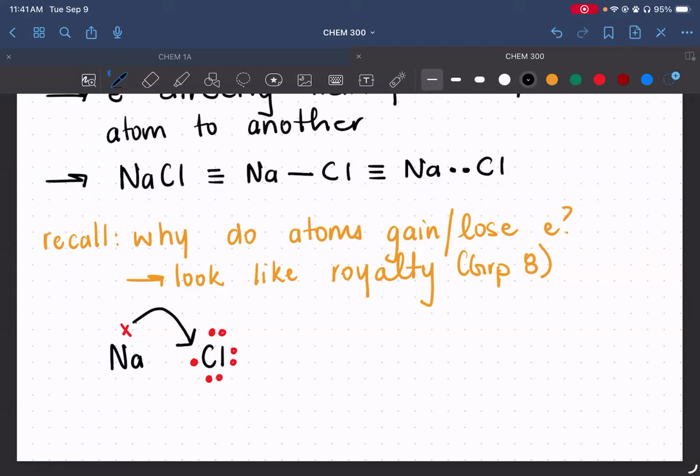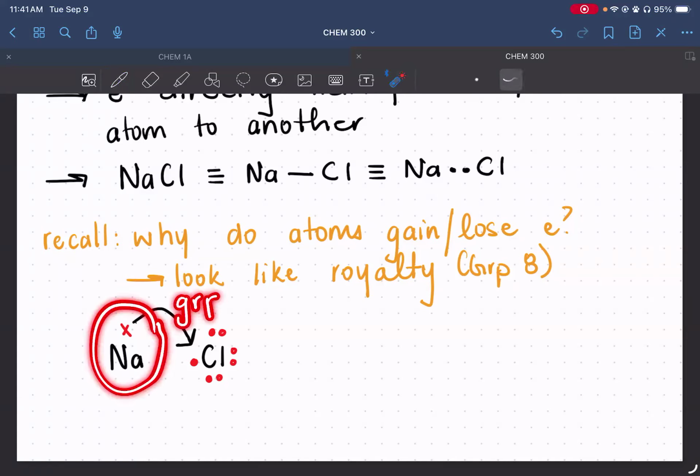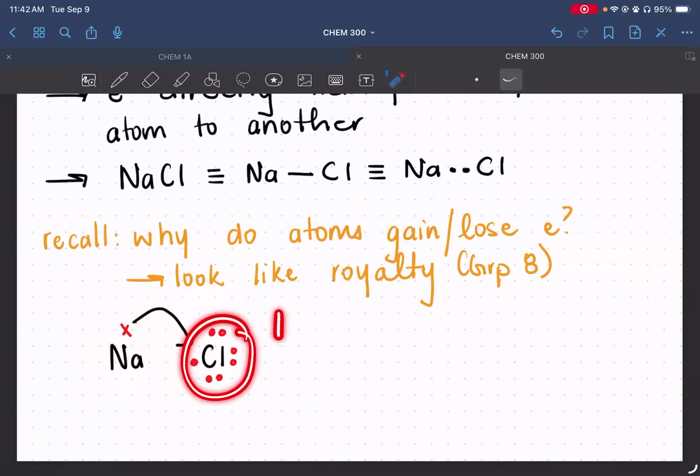Electrons are directly transferred from one atom to another. I'll say it once again. Sodium is in group 1, so it has 1 valence electron. Chlorine is in group 17, so it has 7 valence electrons. Sodium will give up the electron. It will transfer the electron to the chlorine, which will absorb it.